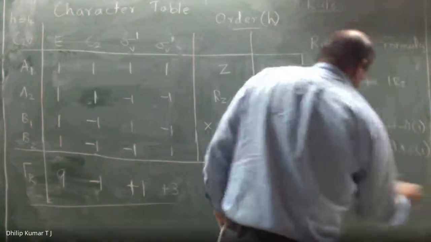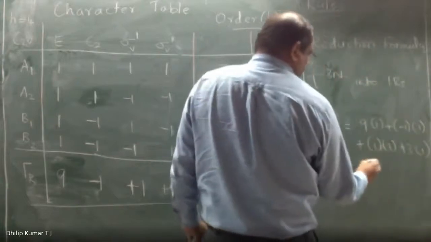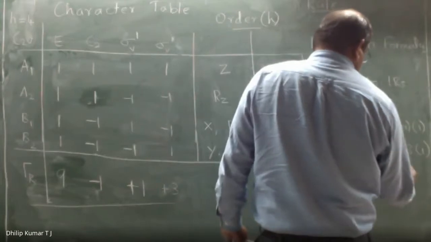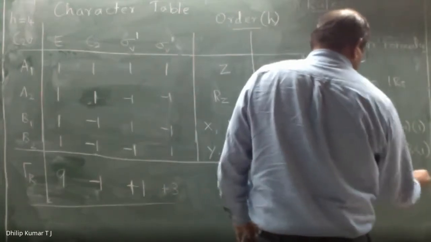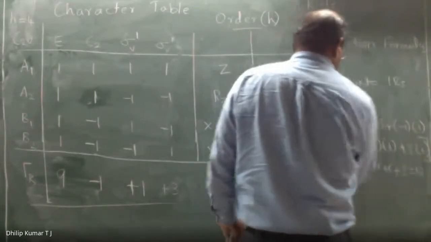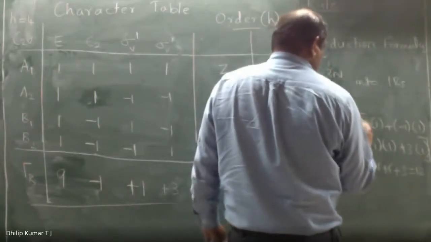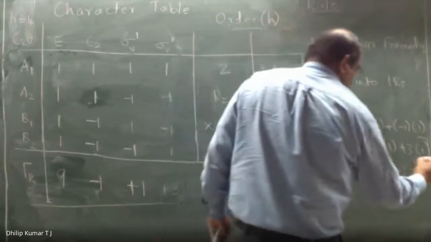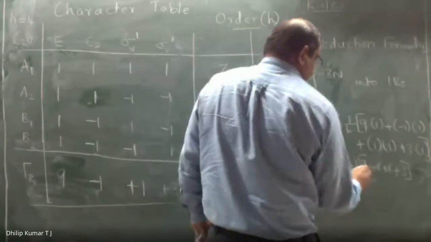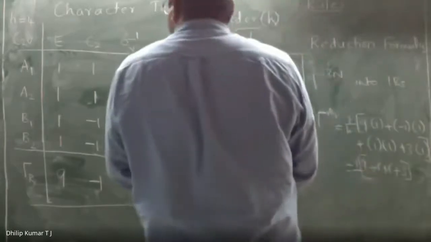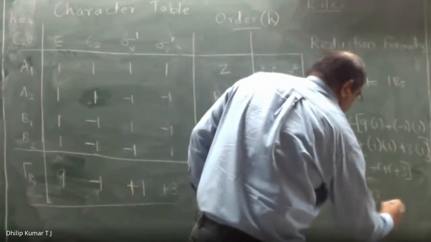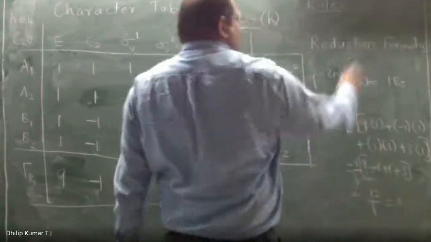Let's see if I'm doing it correctly. So 9 minus 1 plus 1 plus 3 gives 12. This is divided by h, 1 over h. H is 4, so this is 12 by 4, so it's 3.